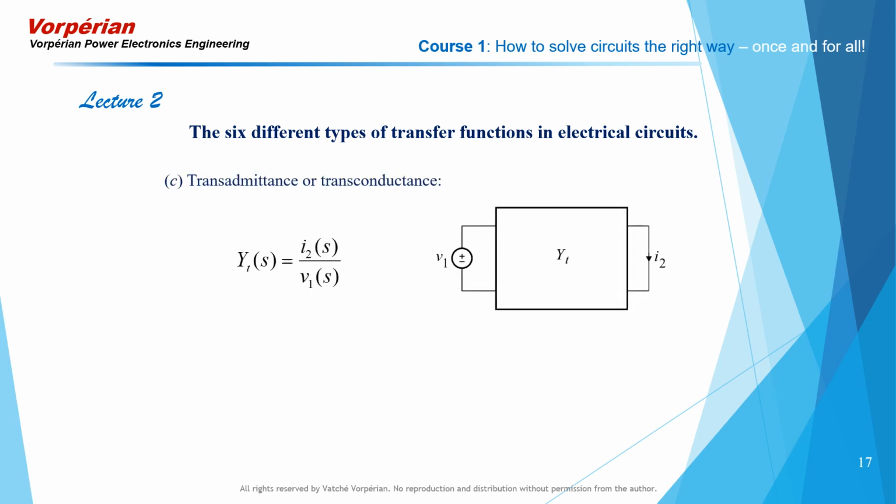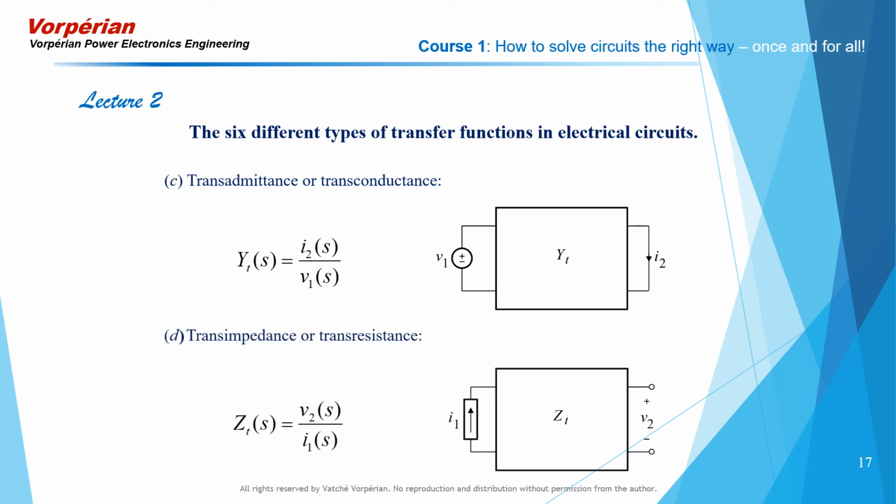Another useful transfer function of a transducer or an amplifier is its transadmittance or transconductance, where you study the current in some output I2 to an excitation V1 applied at its input. You can also study the transimpedance or the transresistance, in which you study the voltage at some output V2 to a current applied at its input.